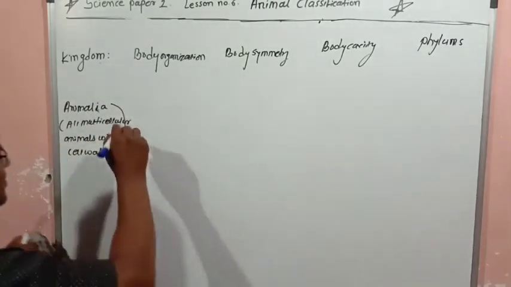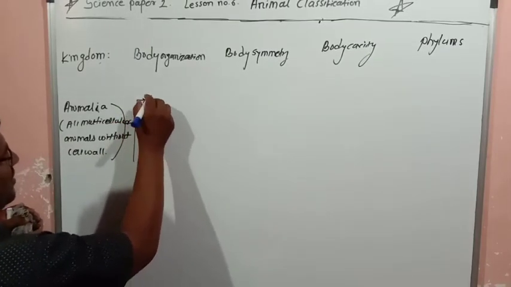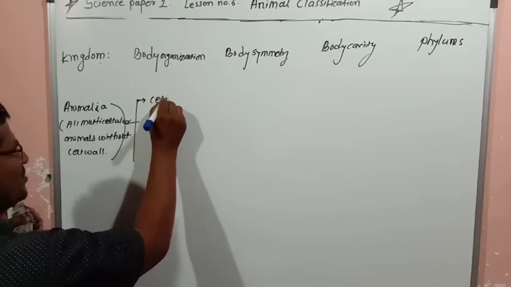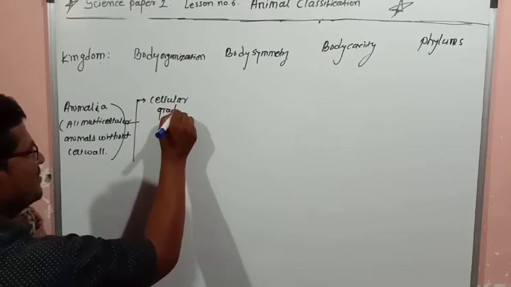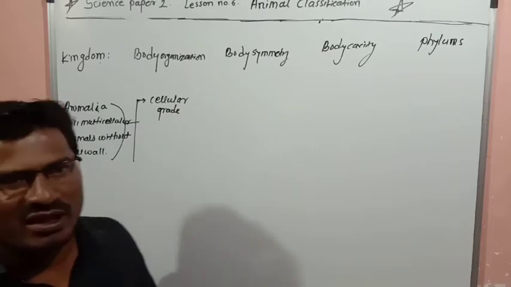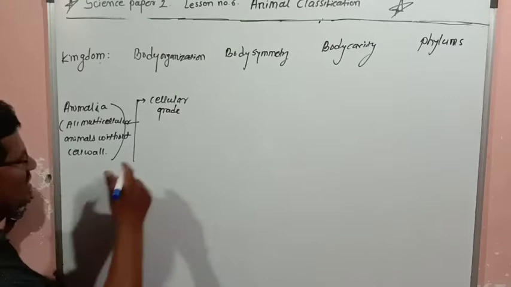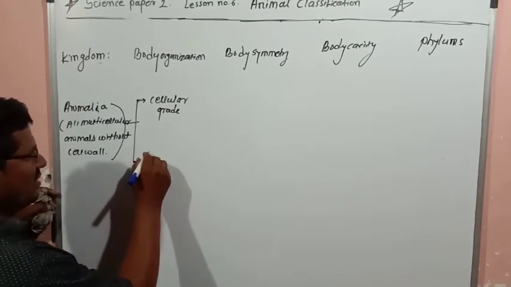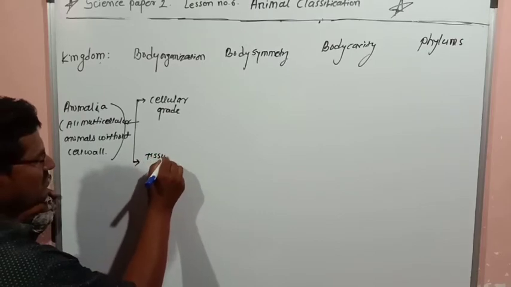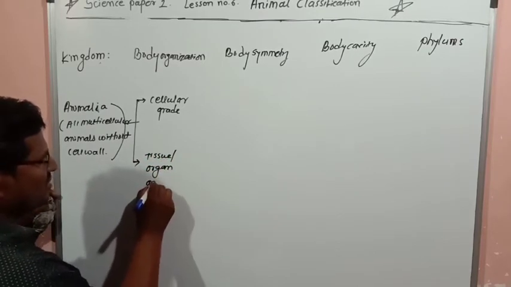We'll see that there are two grades of organization. Under body organization, the first one is the cellular grade. Together we are taking tissue, then organ system.